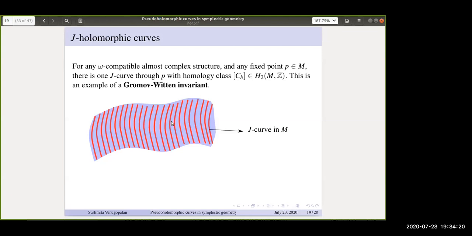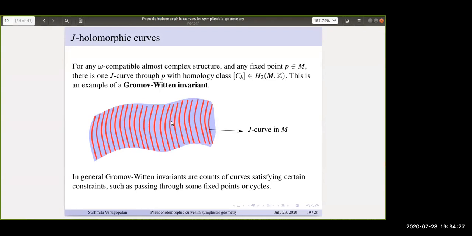That is an invariant of the symplectic manifold, and it's an example of a Gromov-Witten invariant. In general, Gromov-Witten invariants are counts of holomorphic curves: you fix a J and count the J holomorphic curves satisfying certain constraints. In this case, the constraint was that it should pass through a fixed point P. In general, your constraint could be that the curve has to pass through a point or through a cycle, something like that.